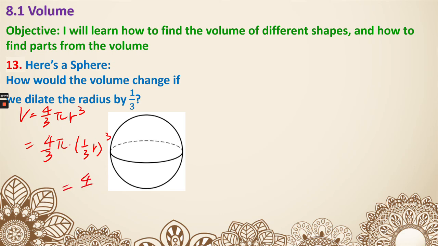That is going to be 4/3 pi 1/27 r cubed. Have a look at the original formula right here. The 4/3 stayed there, the pi stayed there, the r cubed stayed there. The only thing extra is 1/27. So that means the volume is going to be 1/27th the original size.